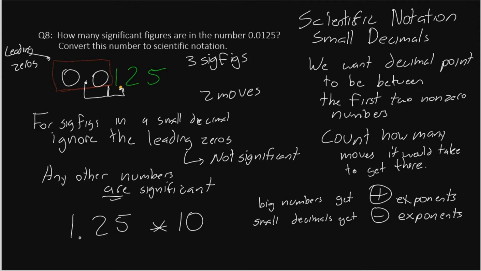So we can say, since it took 2 moves to get the decimal point in between the first 2 numbers where we want it for scientific notation, we can put a 2 up here. But because we started with a small decimal, this is going to be a negative exponent. And therefore, we can say the answer is 1.25 times 10 to the negative 2. So that's important. Remember, your small decimals get negative exponents, and big numbers get positive exponents.